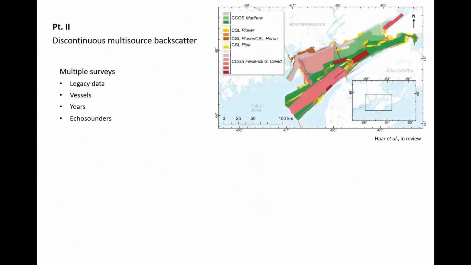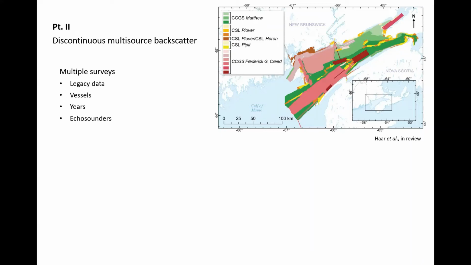So now just switch gears a tiny bit. A similar concept, I think, is the use of multiple surveys, which don't necessarily cover the same extent. It's usually legacy data where you maybe got multiple vessels over multiple years, multiple sounders, and that's what we see in the Bay of Fundy.